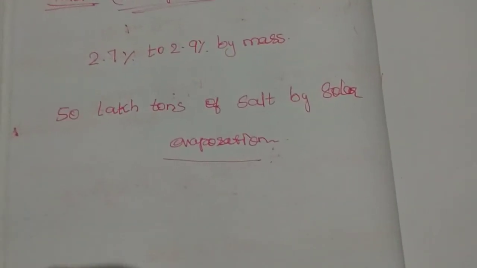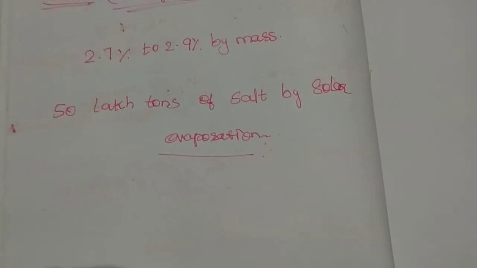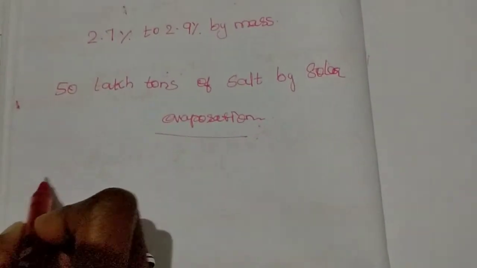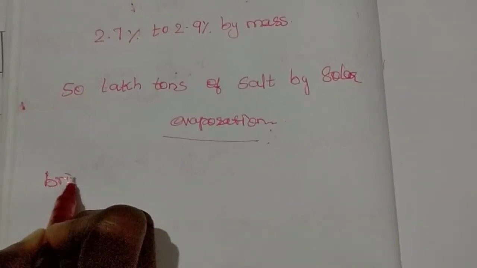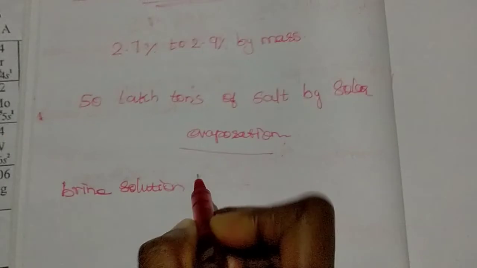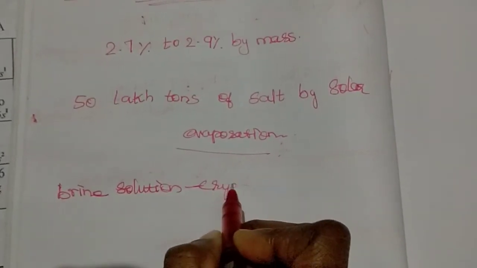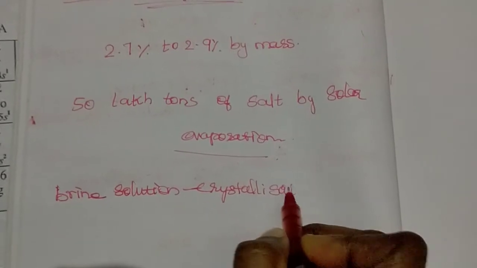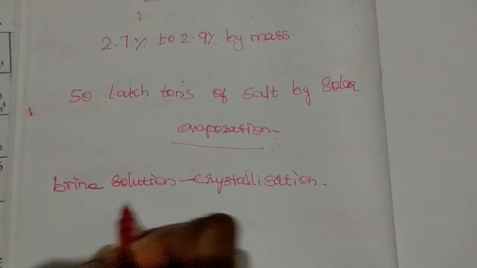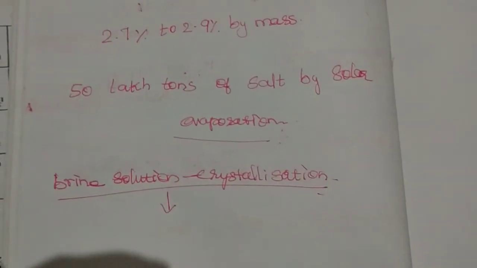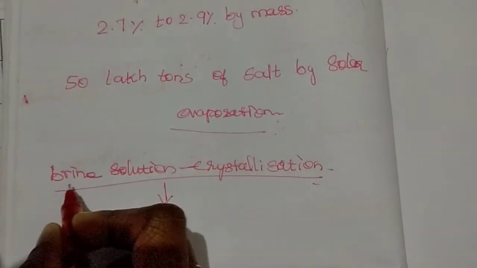Crude sodium chloride is generally prepared from brine solution by crystallization.